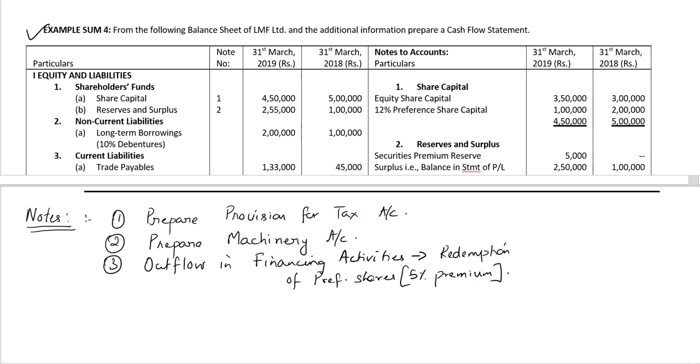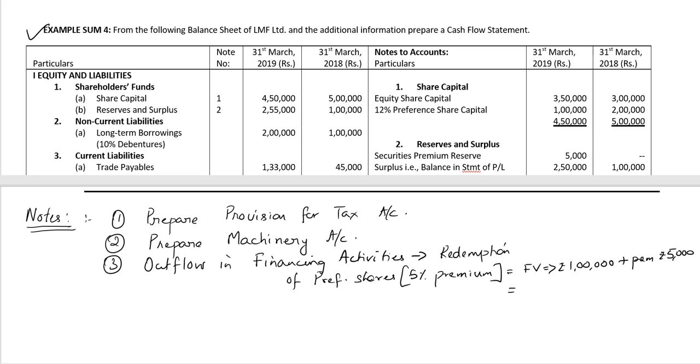Now, against note 1 here, under share capital, it says 12% preference share capital. The opening balance is 2 lakh rupees and the closing balance has come down to 1 lakh rupees. So the face value of preference shares redeemed is rupees 1 lakh plus the premium on redemption. 5% on rupees 1 lakh is rupees 5,000.